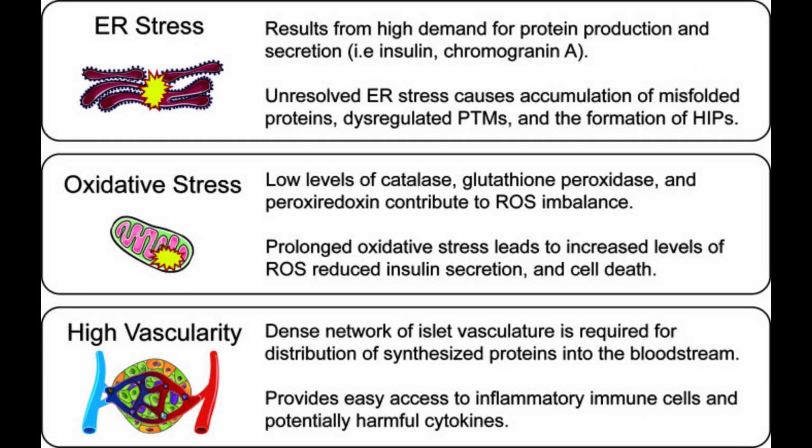There's a lot of interplay between the various mechanisms of beta cell destruction. Endoplasmic reticulum stress itself causes beta cell destruction and dysfunction, but also is pro-inflammatory. Oxidative stress is pro-apoptotic, but it can also cause stress in the endoplasmic reticulum, as well as inflammation and cytokine release, which then in turn is pro-apoptotic.